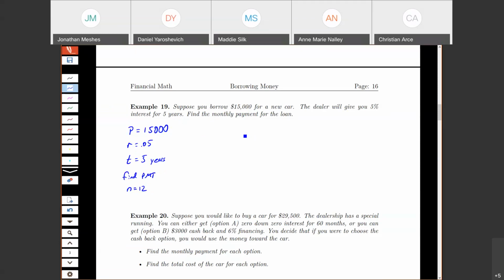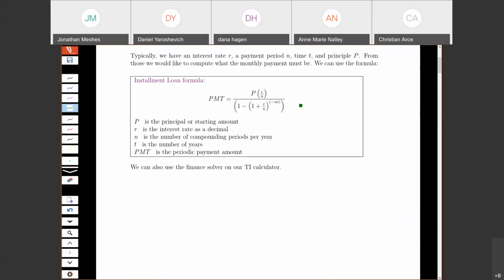Okay. So I'm going to go through this two different ways. I'm going to use the formula. So PMT equals, okay, and we go back and look at our formula, and it's this big complicated thing. So you want to make sure that you have this handy when you're writing things down. You don't want to try and memorize these formulas.